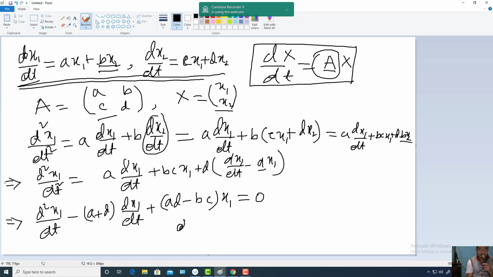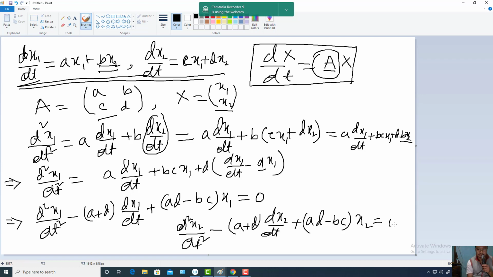You will get d2 x2 by dt2, minus (a plus d) dx2 by dt, plus (ad minus bc) into x2. You will get the same equation.